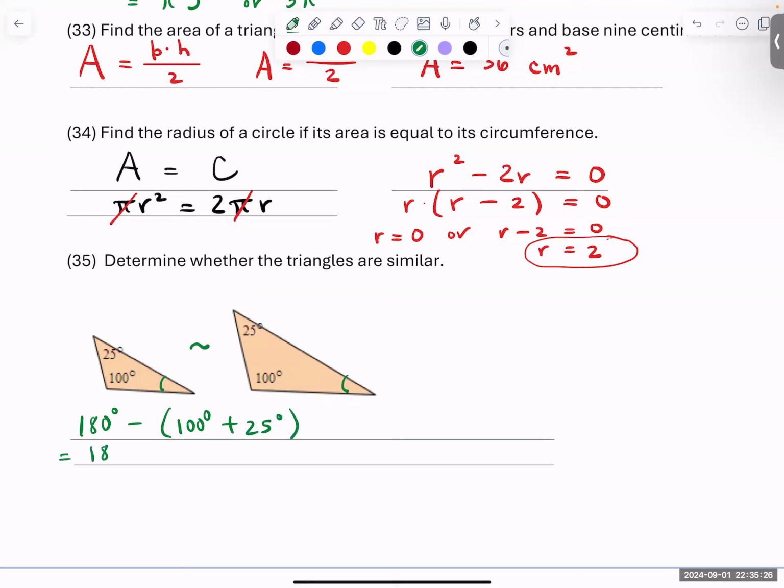So this is 180 minus 125. So the missing angle is 55 degrees.